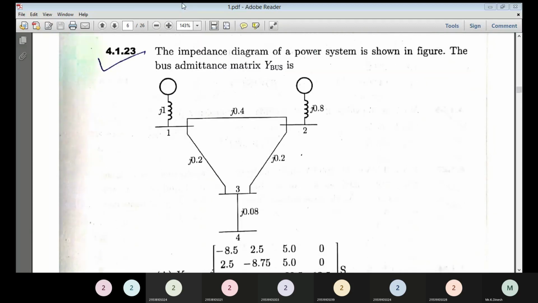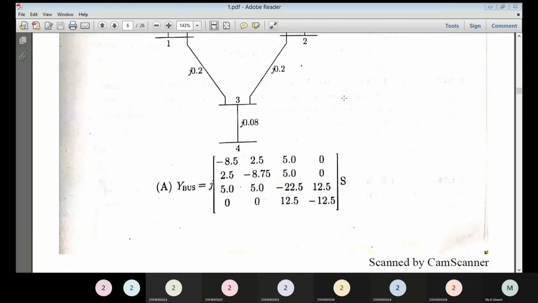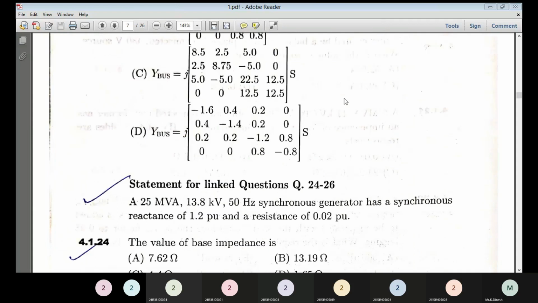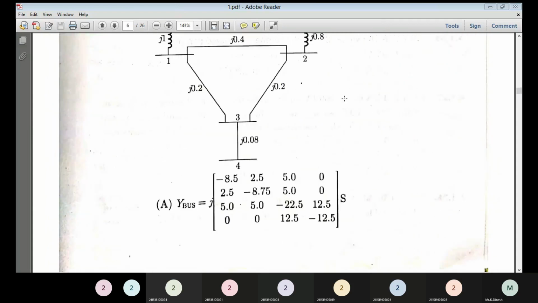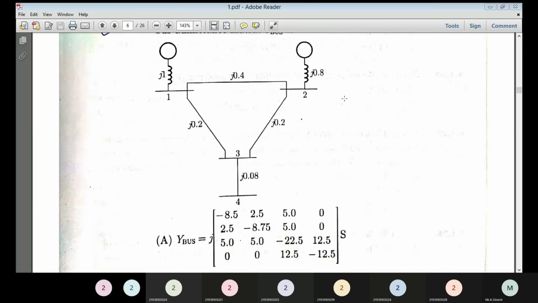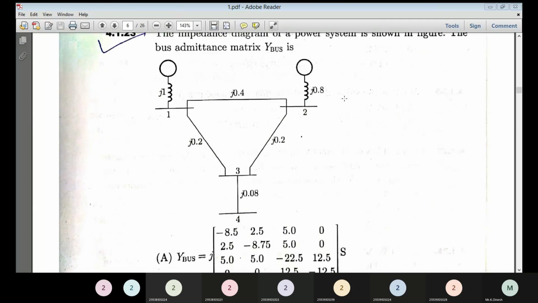The impedance diagram of the power system is shown in the figure. We need the bus admittance matrix Y bus. You have the impedance diagram and 4 matrices, and we need to find the correct matrix for the corresponding diagram. It is a 4 bus system: first bus, second bus, third bus, fourth bus.